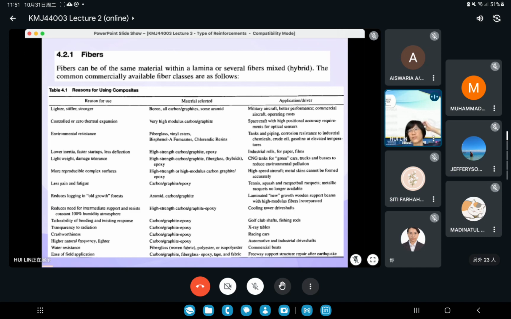When I was in Australia in 2019, the university that I was attached to had a carbon fiber institution, focused on producing carbon fibers for advanced application.